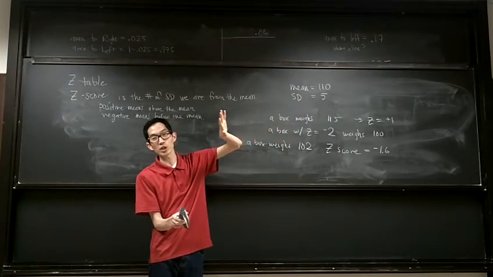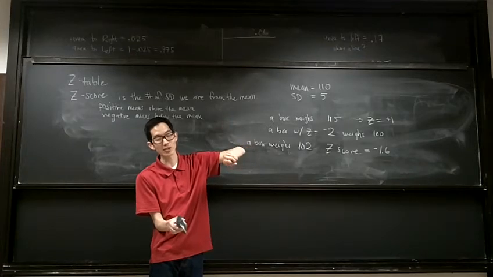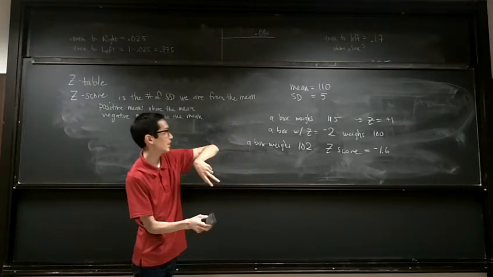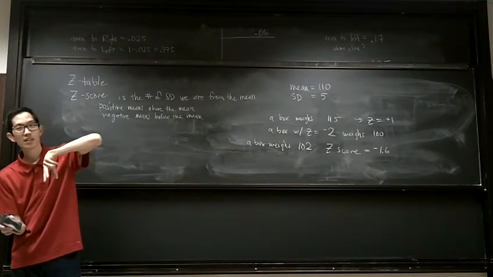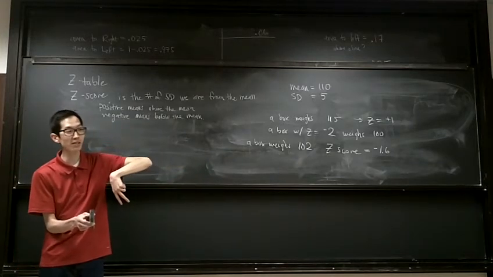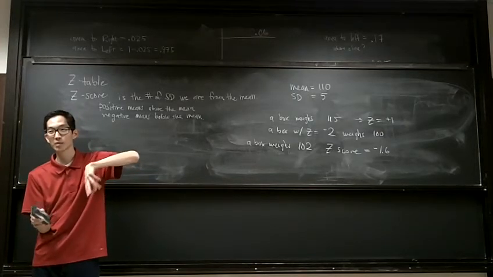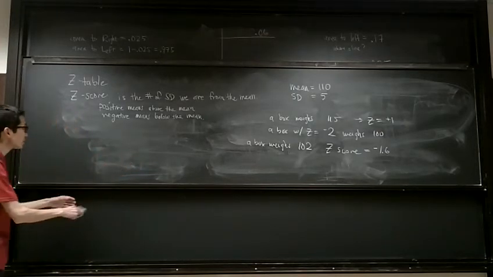Okay, what if a box weighs 120 pounds? The z-score is then plus 2. And if a box weighs 95 pounds, the z-score is -3. Okay. All right.